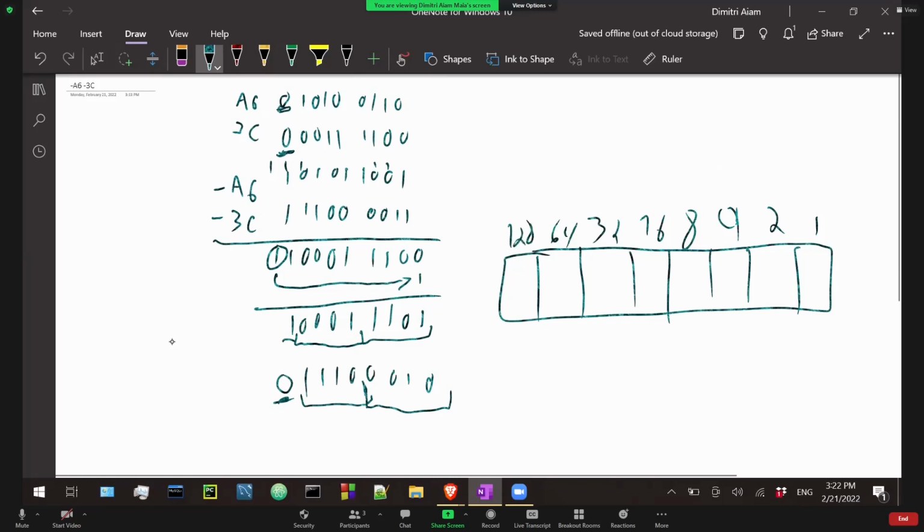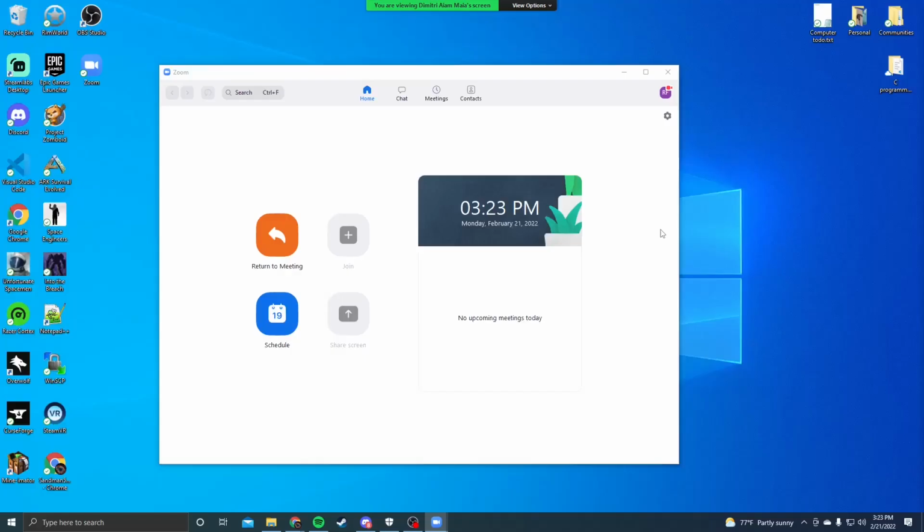Okay, so 0, 1, 0, 0, 0, 1, 0, 1, 1. So this number becomes 128 plus 64 plus 32 plus 2. This number is 226.